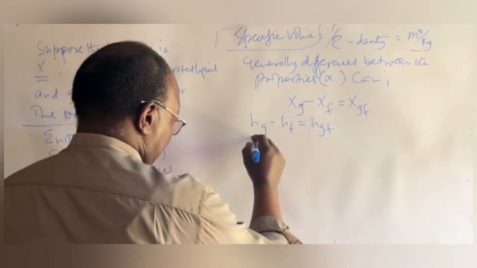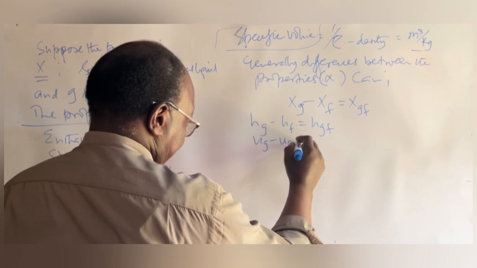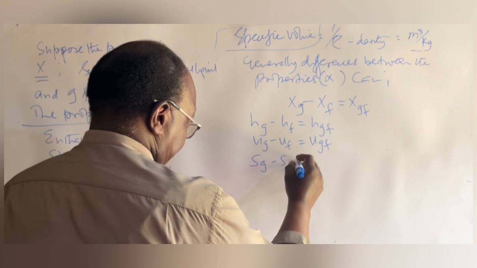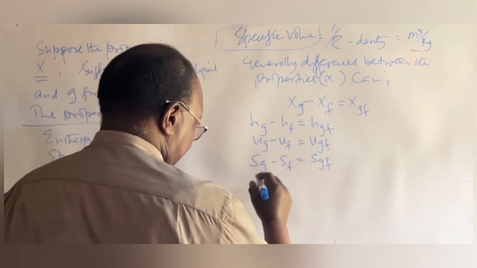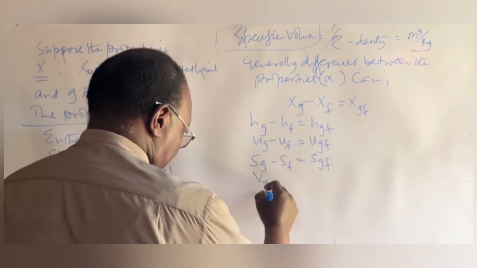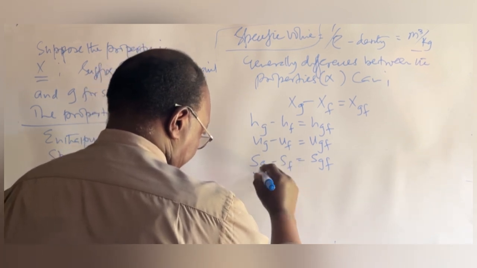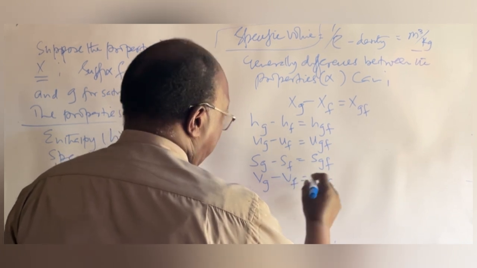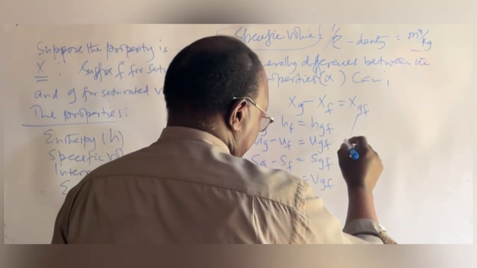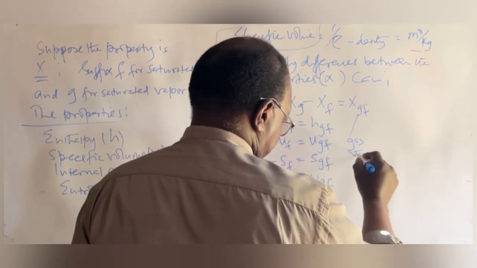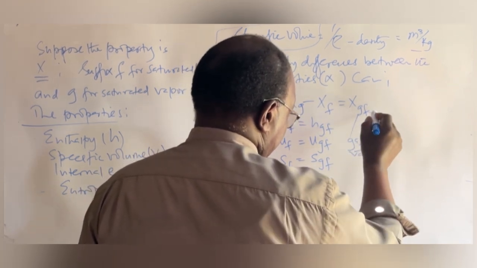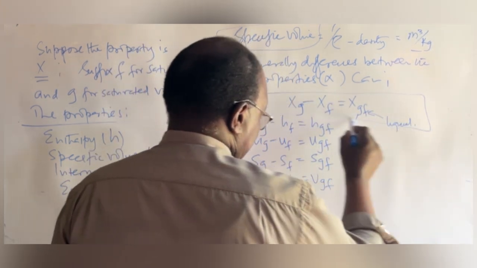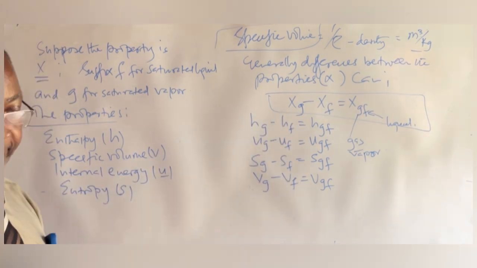Internal energy, Ug minus Uf is equals to Ufg. Entropy, Sg minus Sf is equals to Sgf. Specific volume, Vg minus Vf is equals to Vgf. Remember, that is gas or vapor, and that is liquid. So we can express these properties generally as that.